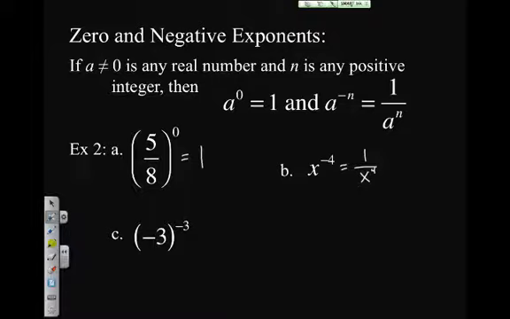Now for part C, we have -3 raised to the -3rd power. Again, the definition here gives 1 over -3 cubed. And then we have to remember what -3 cubed is. You're multiplying -3 3 times.